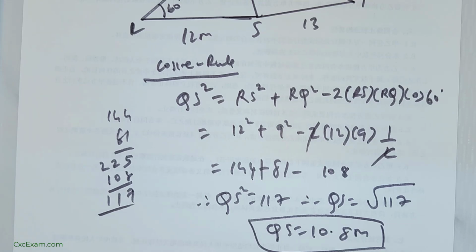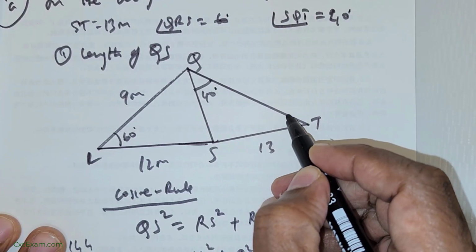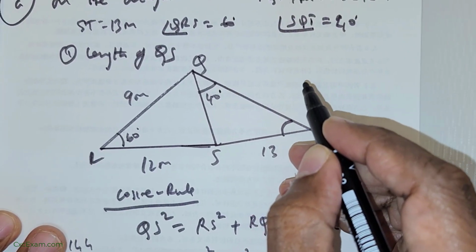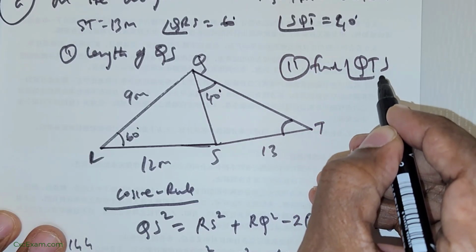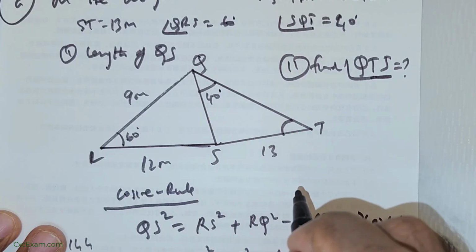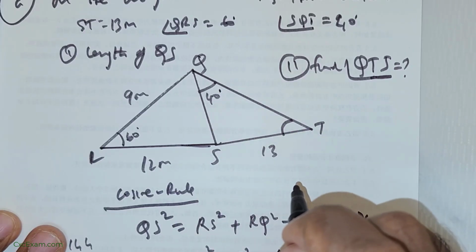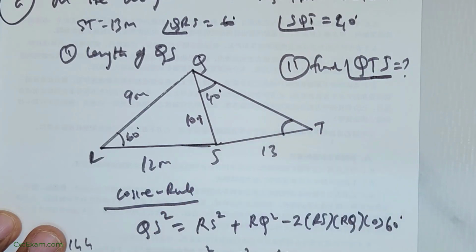Now the second part is find QTS. So find this angle. They want us, this is question 2, find angle QTS. Okay, QTS, what is this angle? Now I'm going to use the sine rule. So this is 10.8, right?